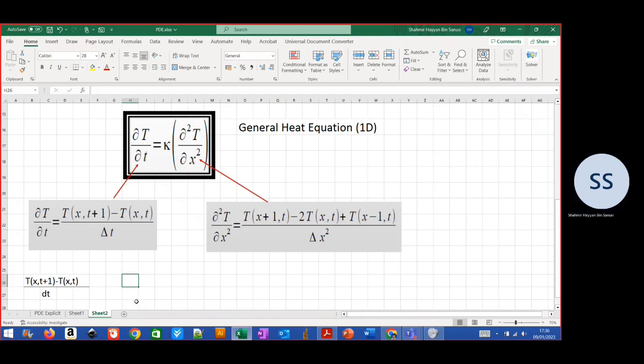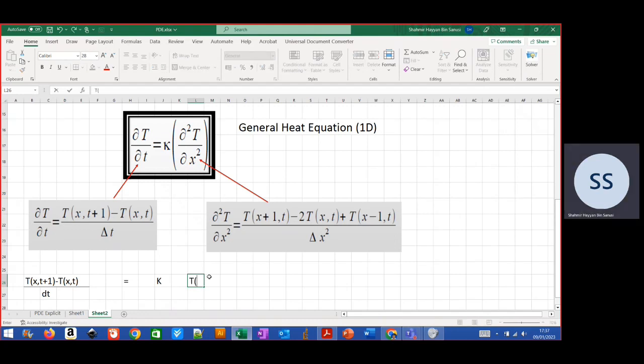And this is equal to K multiplied by the second order derivative of T against distance.